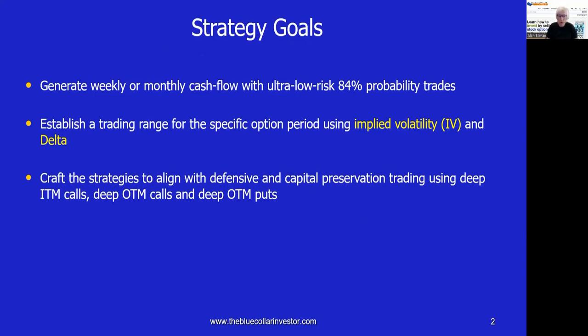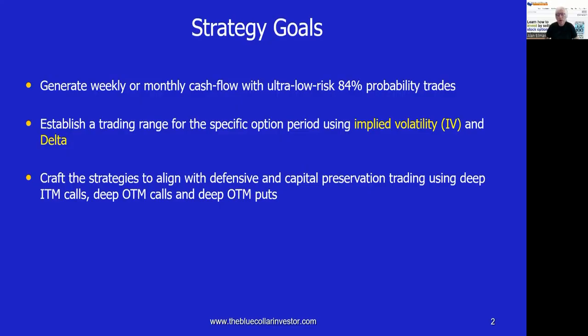Well, we're looking to generate weekly or monthly cash flow using an ultra low risk approach, in this case, 84% probability of success trades. We're looking to establish trading ranges for specific option periods using both implied volatility and delta.